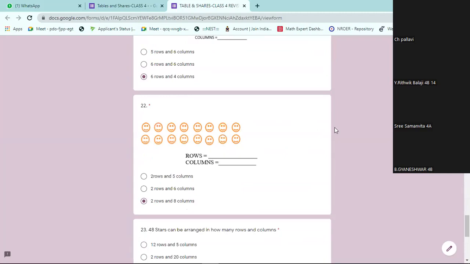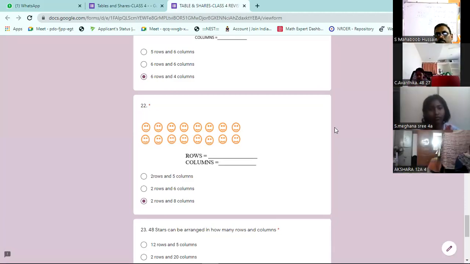What is the difficulty in this? How many rows are there? How many columns are there? Horizontal are rows, vertical are columns. 2 smiley rows are there. If we count, 8 columns are there. 2 rows and 8 columns is the right option.